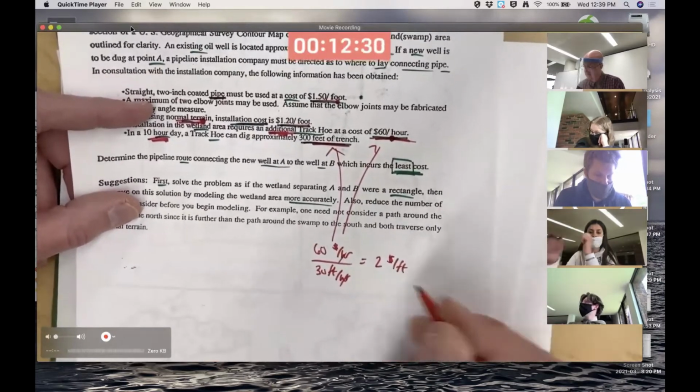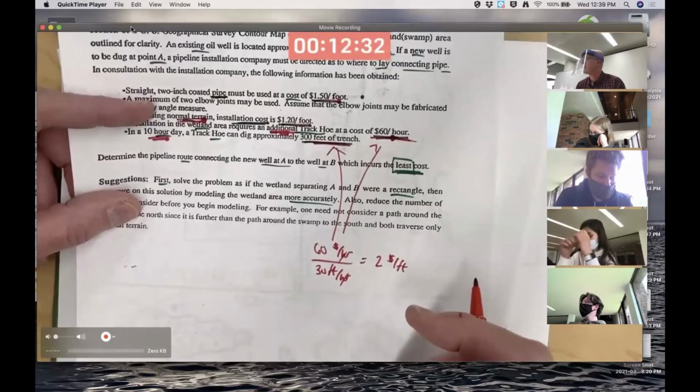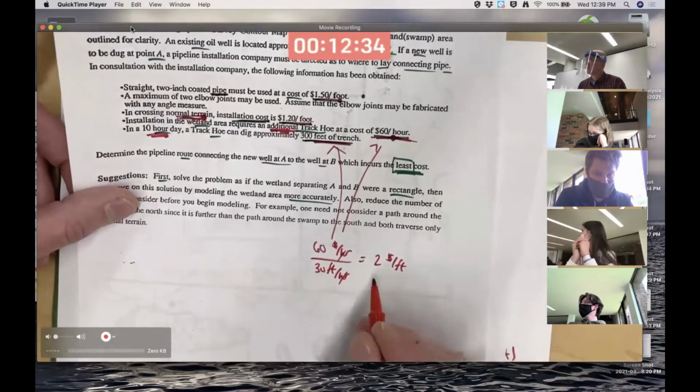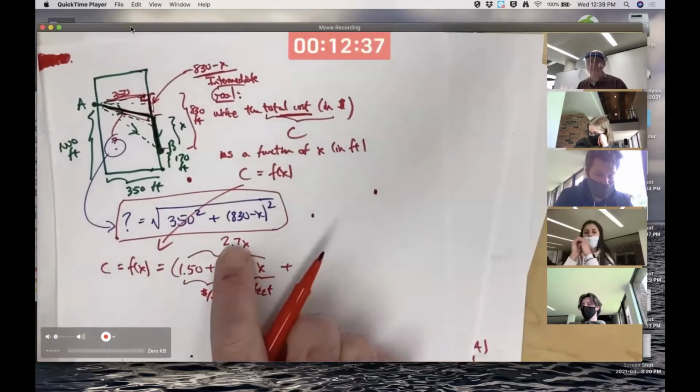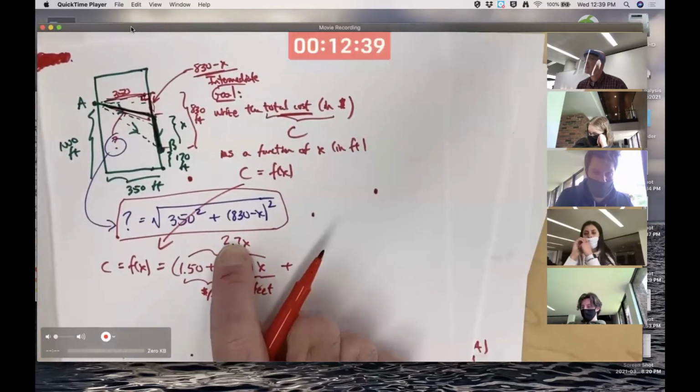You can try particular hours if you want to double check that that works. That's what you would want to also add to 2.7 here to get the cost in dollars per foot for crossing the wetlands.